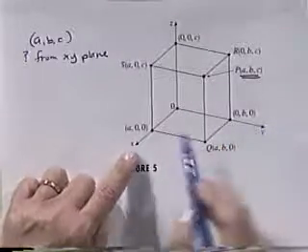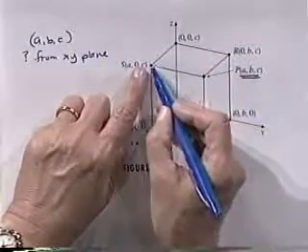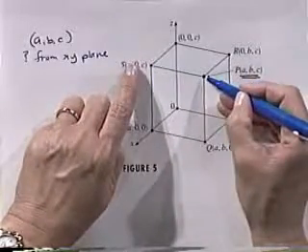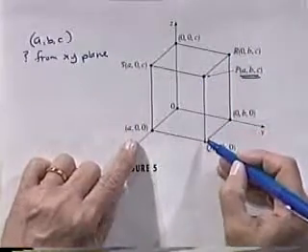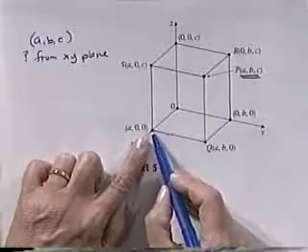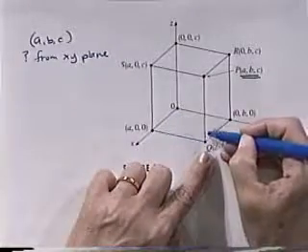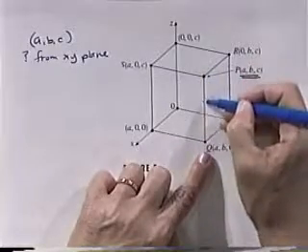You see what we did is we dropped a perpendicular from ABC to the xz plane, from ABC to the yz plane, from ABC down to the xy plane. Now notice when we plot this point, you go over A, over B, up C. How long is this line segment right here? C, isn't it?